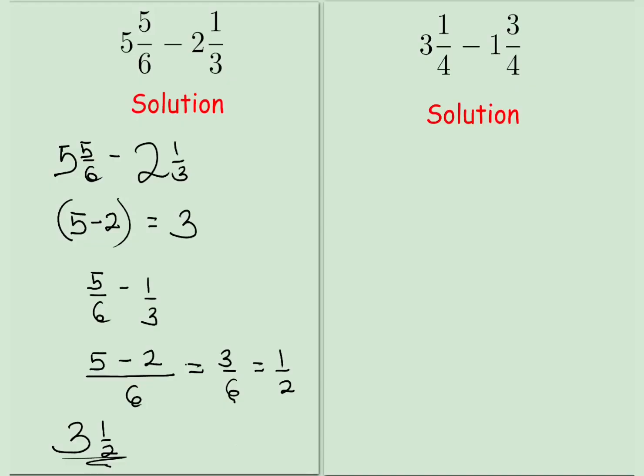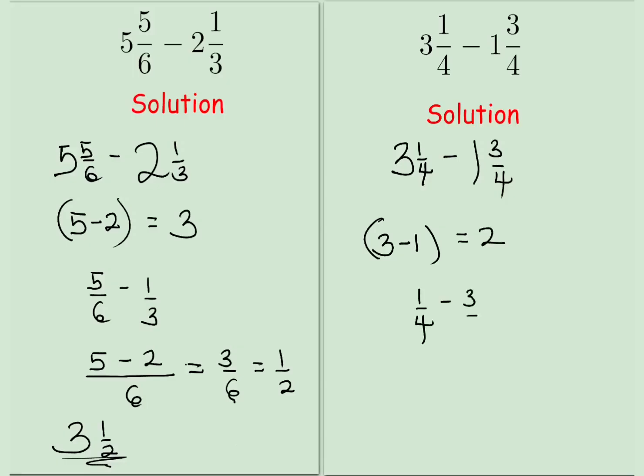What is happening here is you have 3 whole number 1/4 minus 1 whole number 3/4. If you deal with the whole numbers, you have 3 minus 1, which gives you a 2. Straightforward. But then the 1/4 minus 3/4 is going to give you a negative number, and we don't want that to happen.